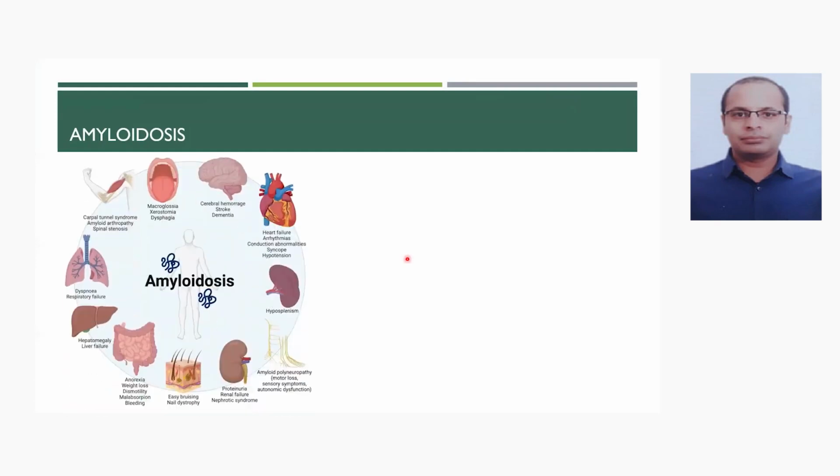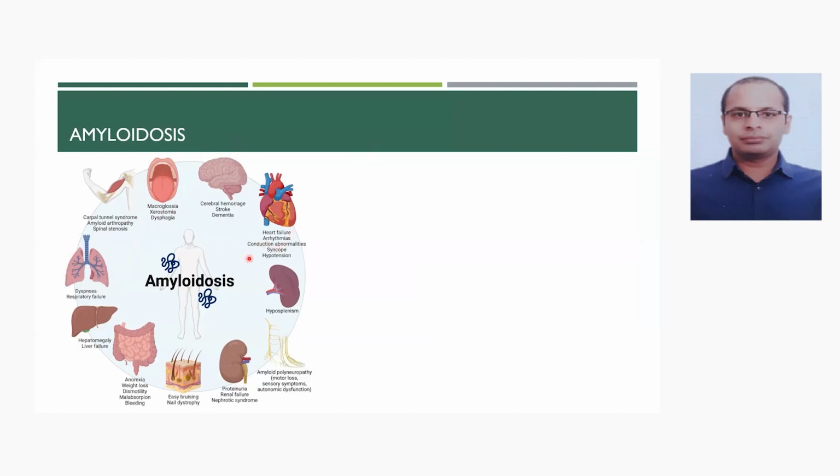Briefly about amyloidosis. Amyloidosis is usually a multi-system disorder, but many times one or the other organ system finding predominates. Starting from the top, it can present with stroke or dementia. Macroglossia is a common symptom, or dysphagia can occur. Carpal tunnel syndrome or arthropathy can occur. Dyspnea or respiratory failure can occur when these light chains are deposited in the lung.